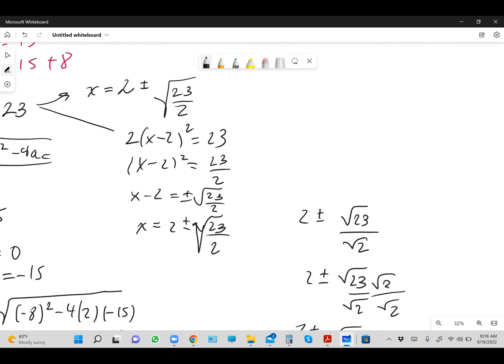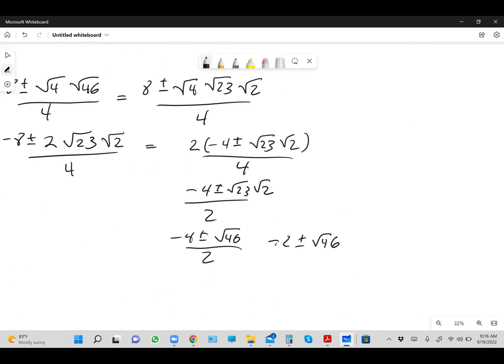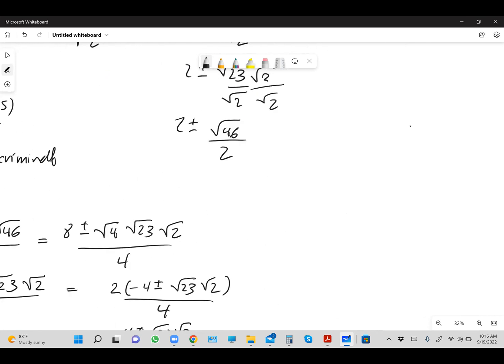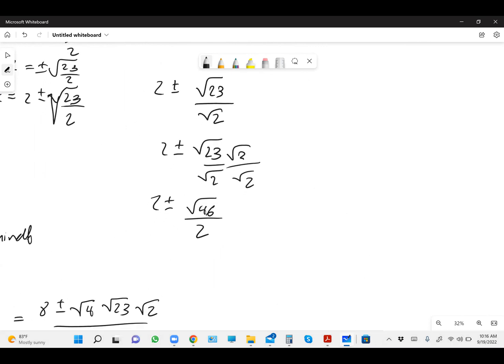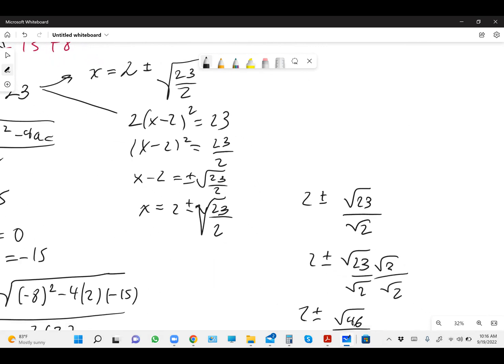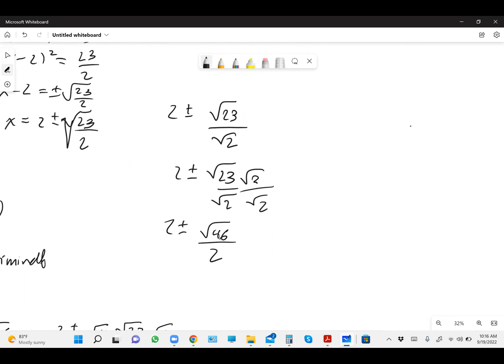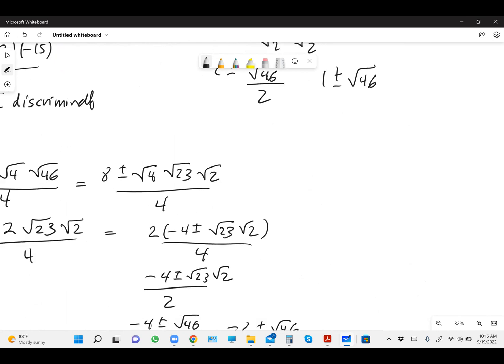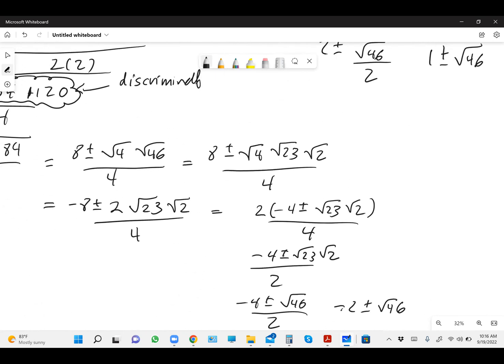I'm sure here. So this answer came out to -2 plus or minus the square root of 46. And now this answer is coming out a little bit different, but it's possibly because I'm being a little bit sloppy somewhere, usually. But it's square root of 46 over 2. So it's saying 1 plus or minus the square root of 46. So therefore, wait, -1.